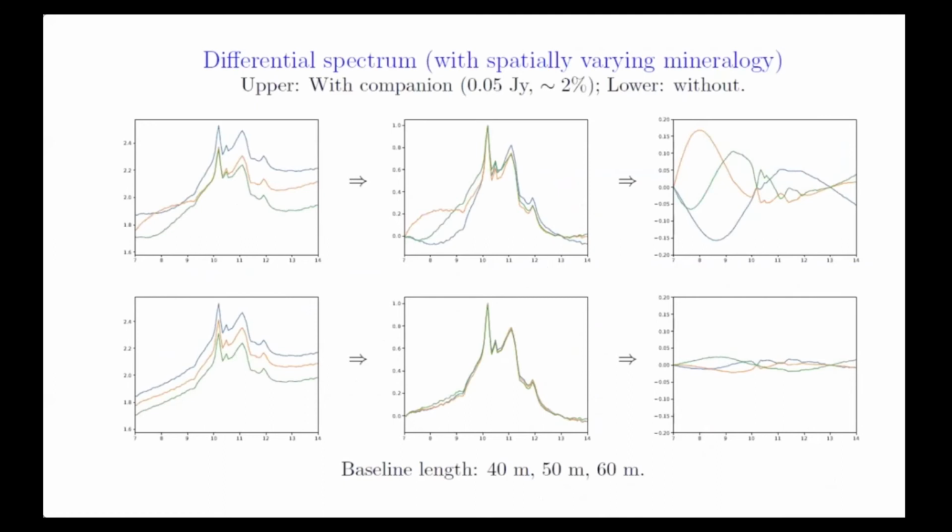For such a model, we expect the silicate shape, even without a companion, should change with the baseline length. However, if we choose baseline length within a narrow range, then this effect would still be weak, as shown here. Therefore, when we observe such a differential spectrum, we can still know that it's related to a companion.